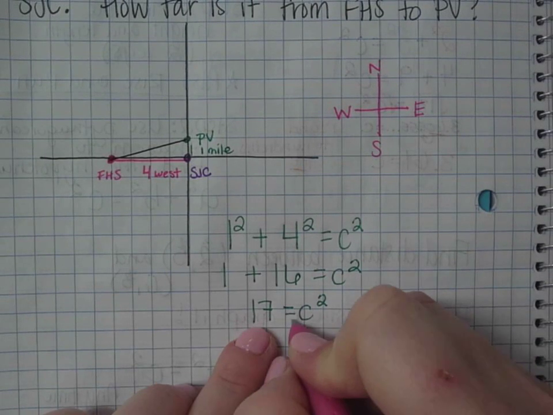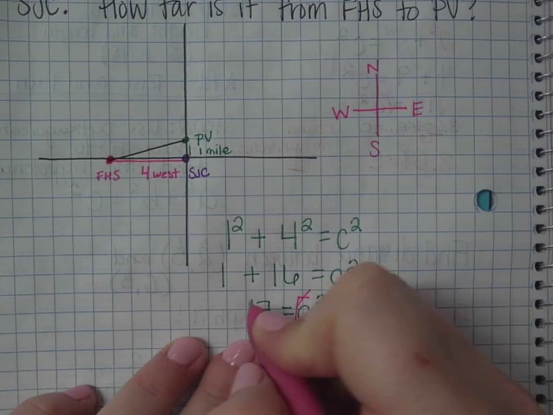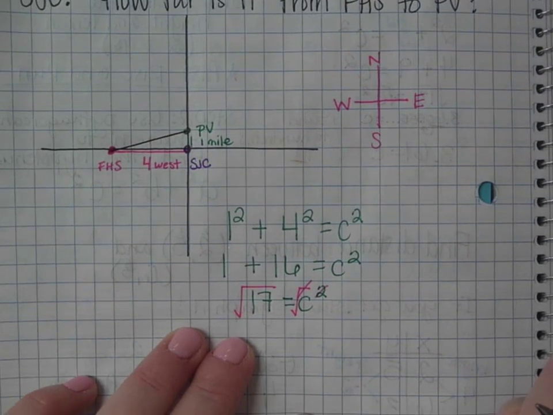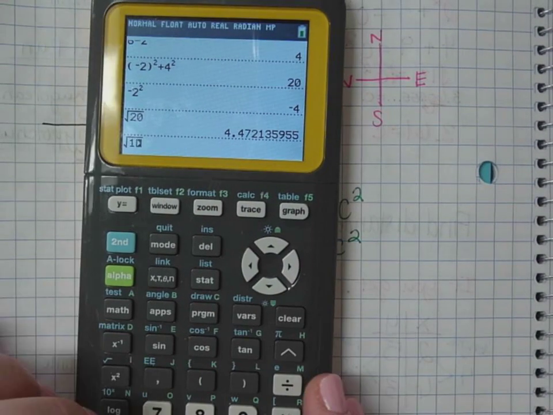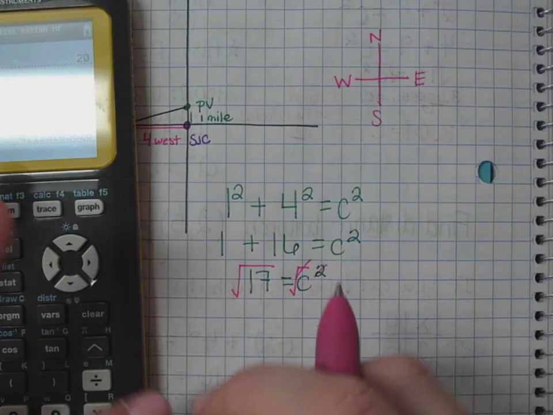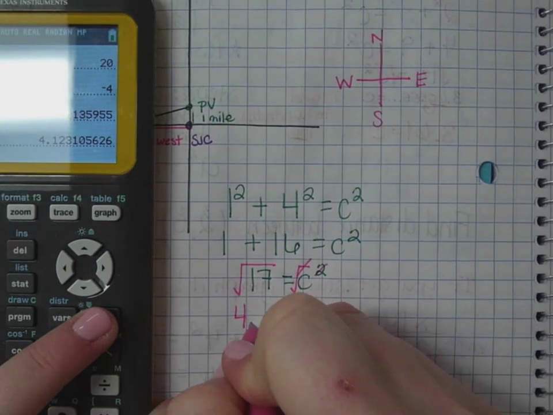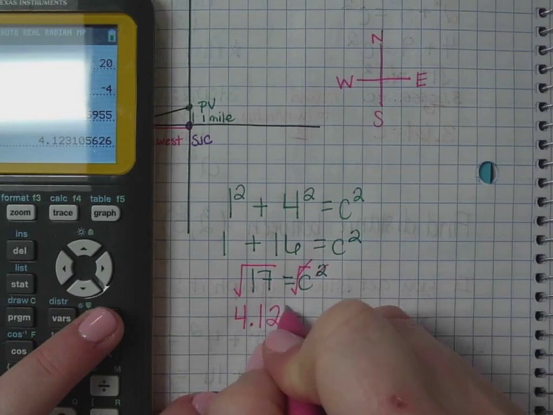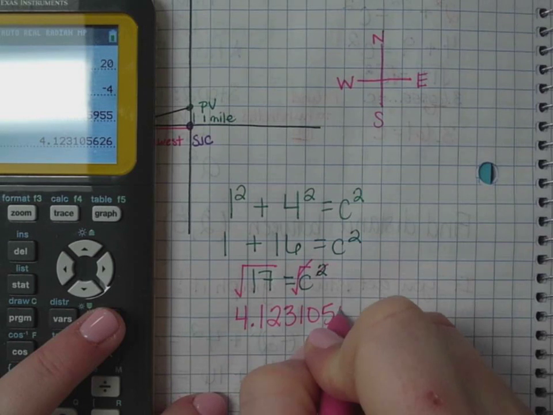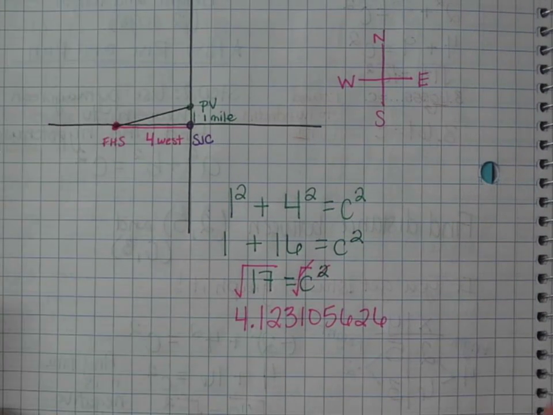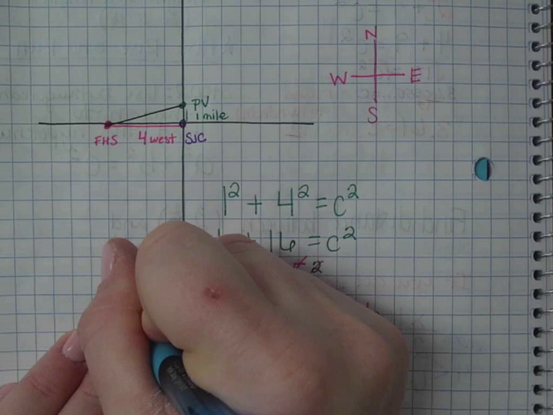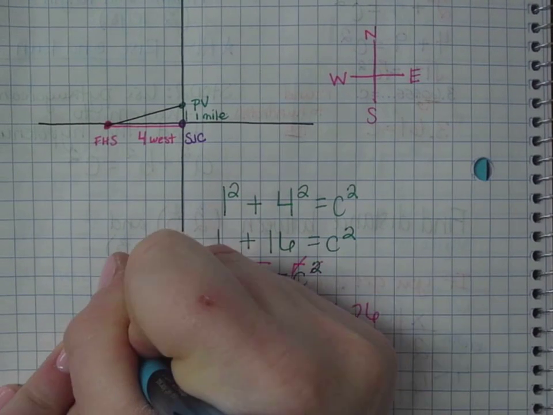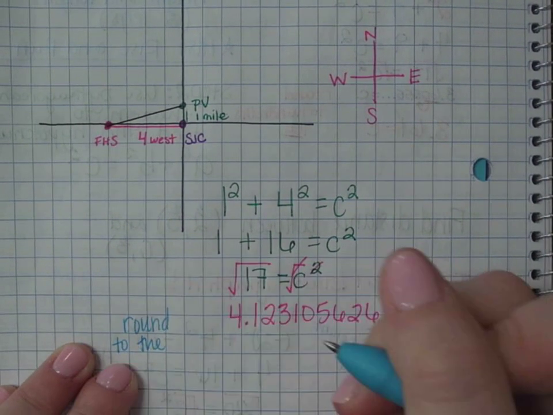Opposite of squaring a number is square root. So then we're going to type that in. Square root of 17 is 4.123105626. Okay, this time I'm going to round to the tenths.